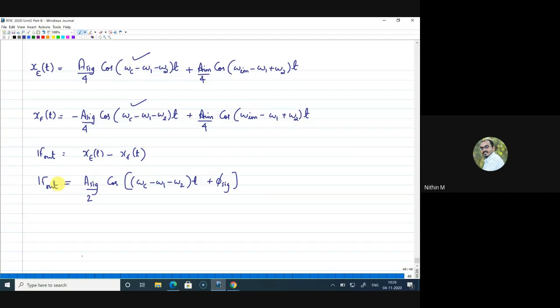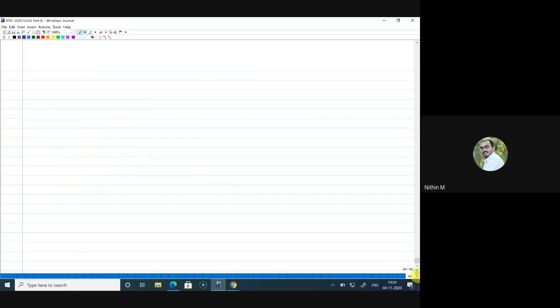Now the same thing you can actually do graphically also. Let me do the graphical analysis also here. In Hartley, we have the components on the real and imaginary axis, but here since it is not there, this is comparatively easy to understand.